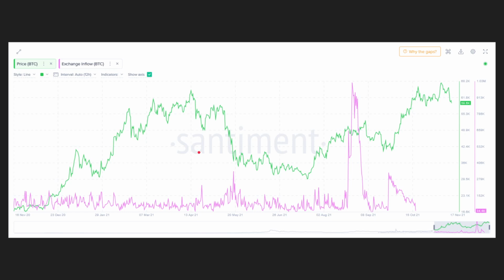And we do see specific moments where the inflows are down. We see this general down level that could indicate that fewer people are sending their coins to the exchange to sell off, and this kind of matches what's going on in price. Prices are going up, people aren't selling.